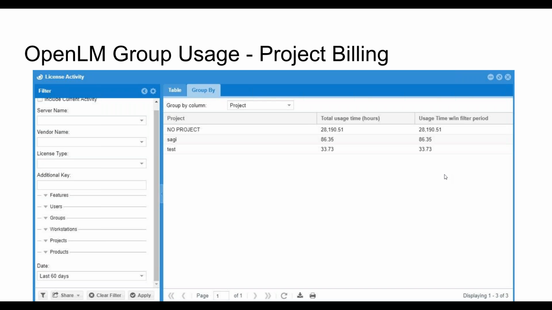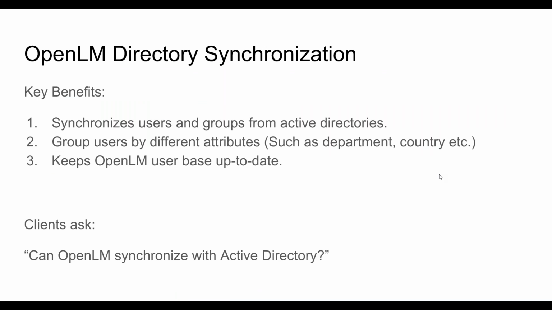So OpenLM is enterprise ready, and one of the main capabilities that make it so is the Active Directory synchronization. The extension allows the OpenLM system to synchronize with your Active Directory and integrate all users into different groups of OpenLM.